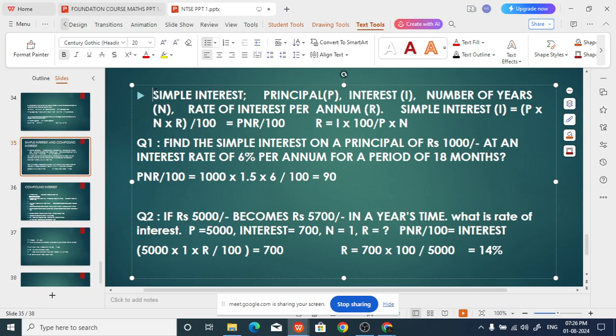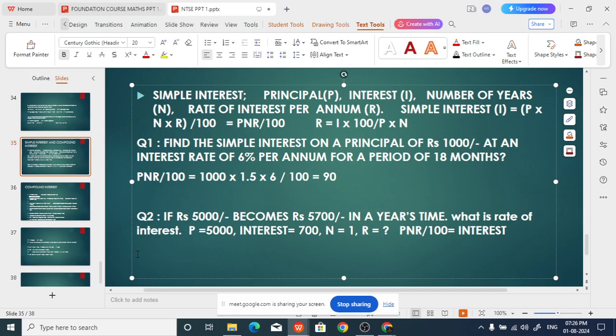Okay, the second question, you do on your own. All of you do on your own. I am erasing that calculation. Take some time, 1 or 2 minutes. Can anybody read the question once?